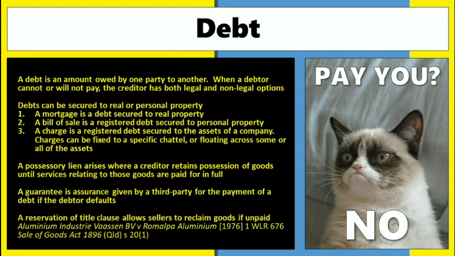Now, there's another type of security which happens with companies, where the debt is secured against assets. It can be secured, much like with this bill of sale, across a particular item of personal property, or it can be registered over a class of assets in that company, or even more broadly, floating across all assets of the company itself. And these things can be important when companies get liquidated, because there's a series of steps in terms of priority.